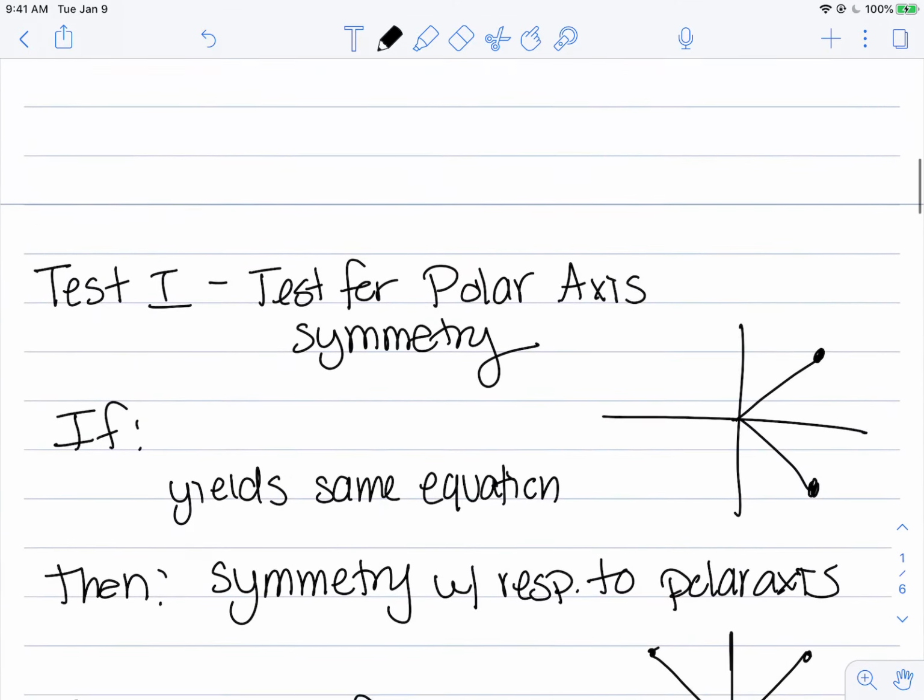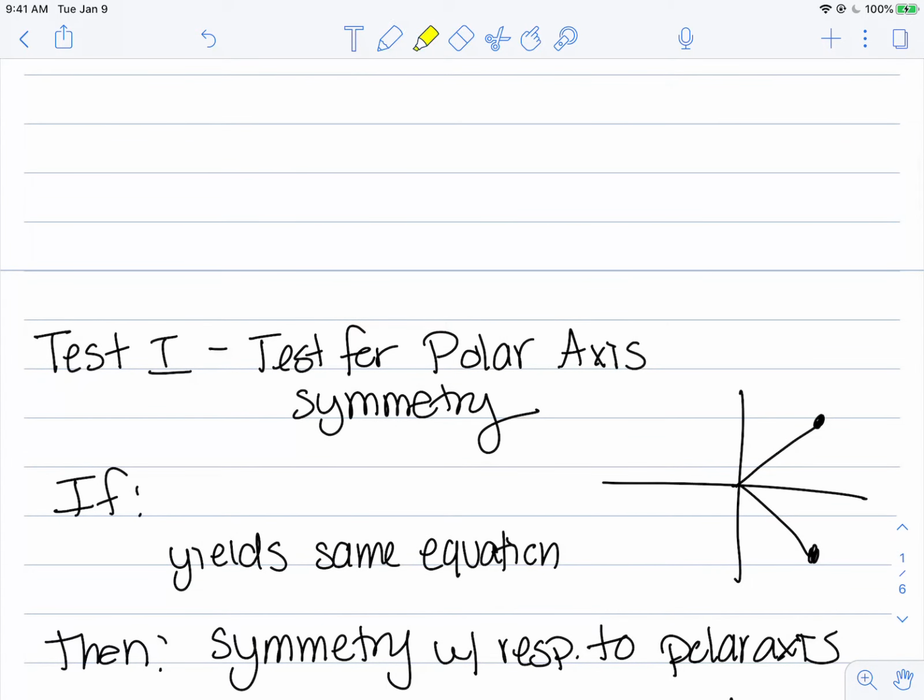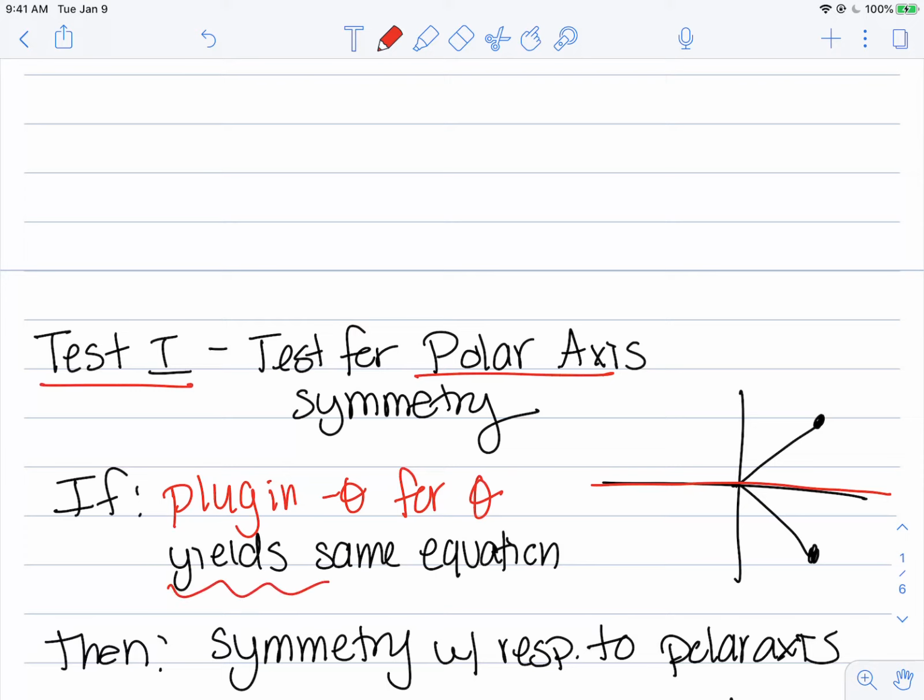So test number 1. If I had you test for symmetry with respect to the polar axis, you need to plug in negative theta for theta. And if you get back the same equation, that means that you're going to get back the same graph, then you're going to have symmetry with respect to the polar axis.